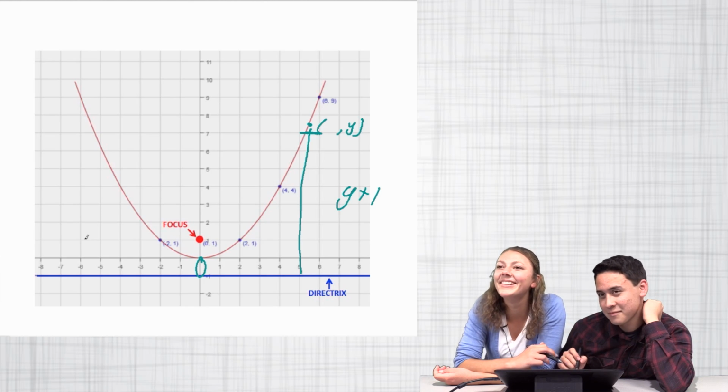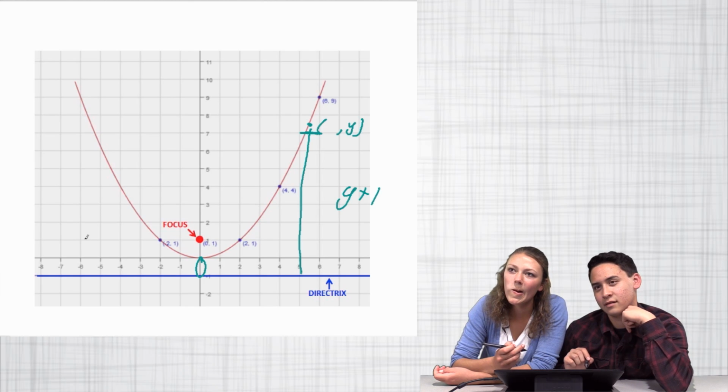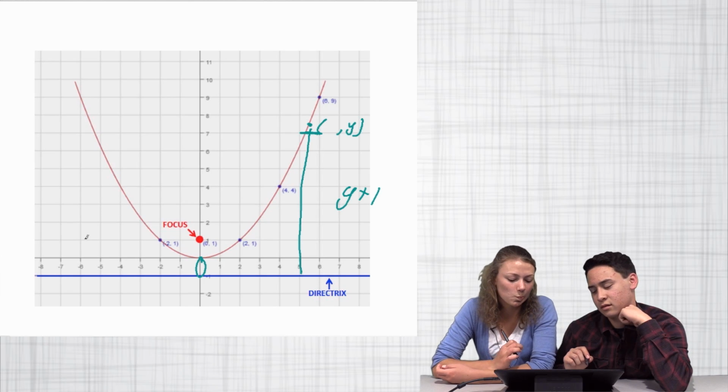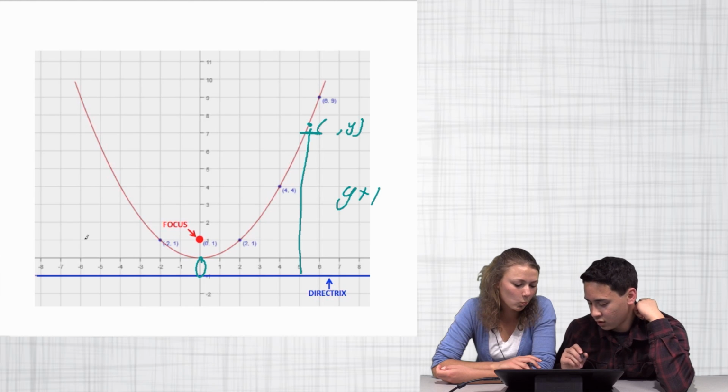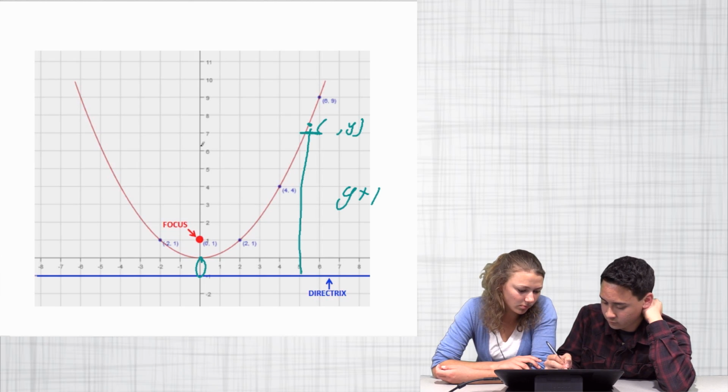Can you phrase it again? Yeah. Keone, tell me what the y plus 1 means that you wrote there. Okay, so our y is the distance from the origin to our point on the y line. And then we're adding 1 because there's a space down here for our directrix.